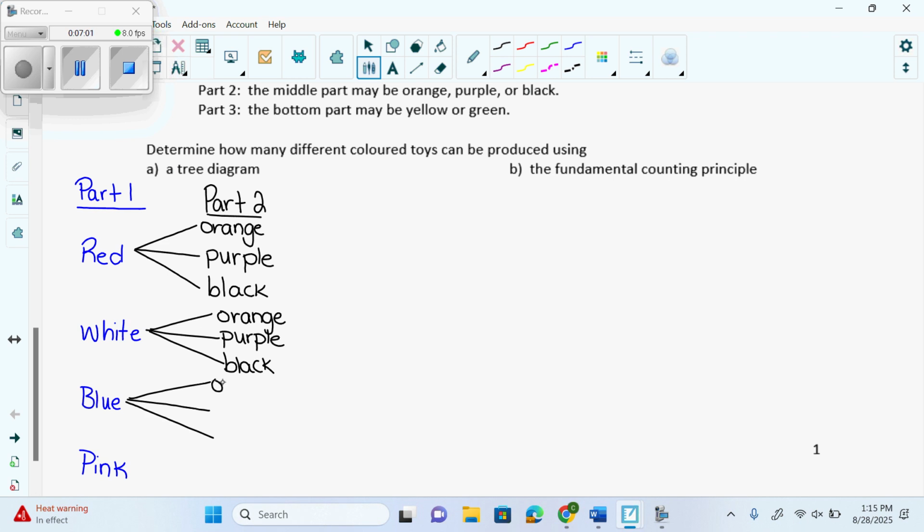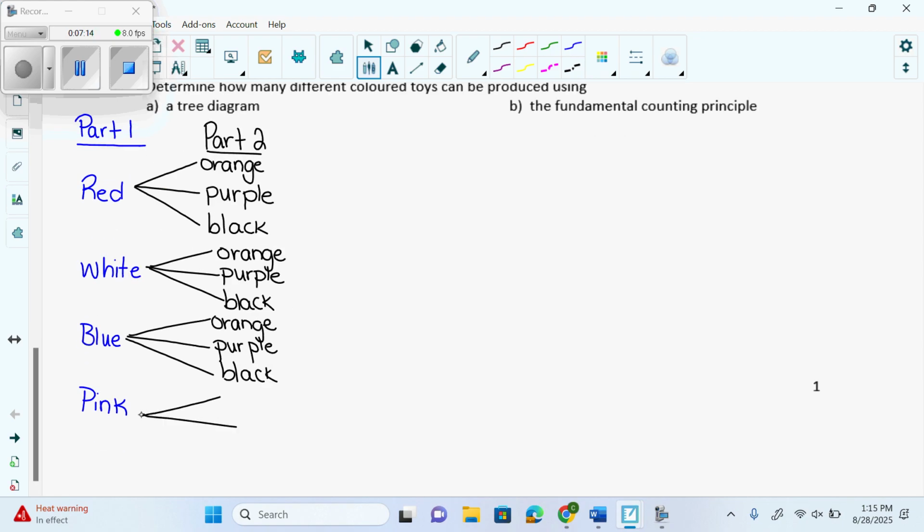And off blue, I'm going to have orange, purple, or black. And off pink, I'm going to have orange, purple, or black.